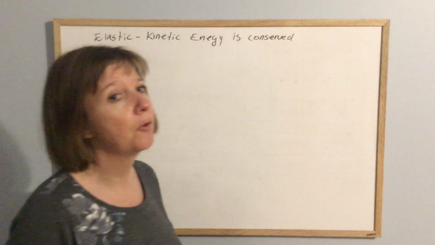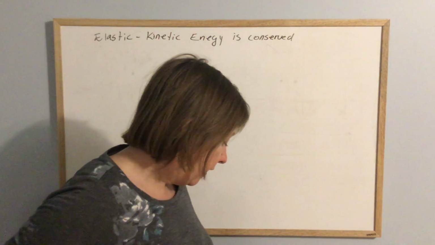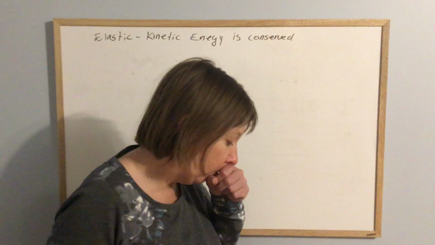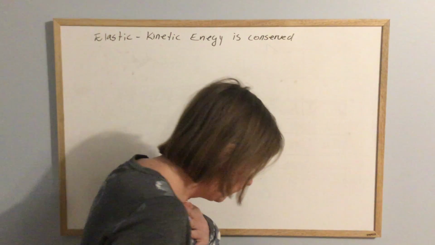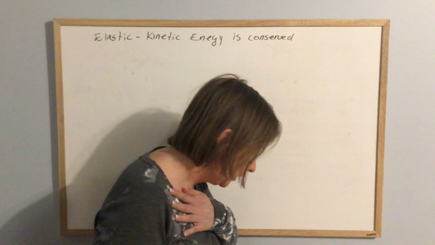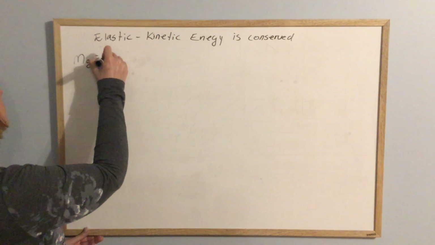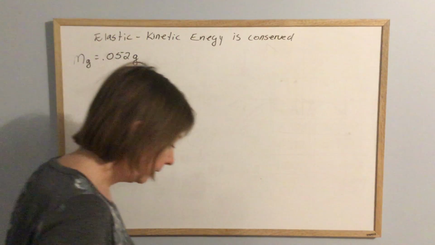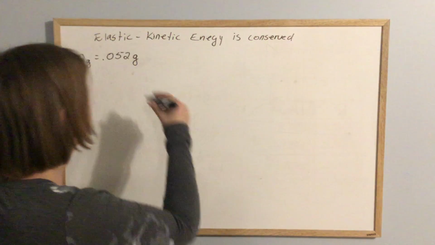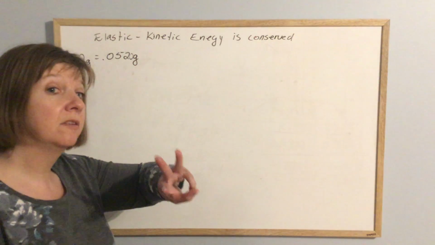So I'm on page 514, 515 in your textbooks. And it says you have a 0.052 kilogram golf ball. So mass of the golf ball, 0.052. They actually have one more significant figure. Again, that's 3 significant figures.